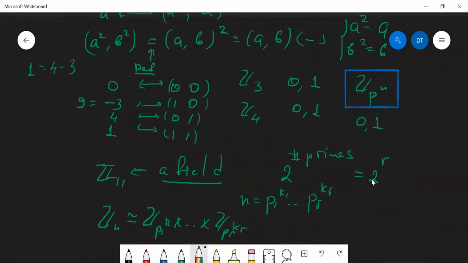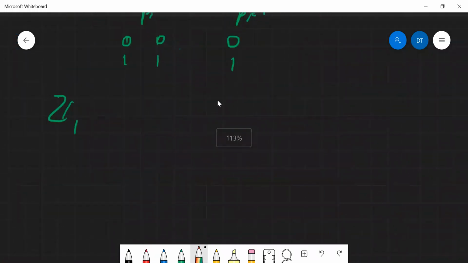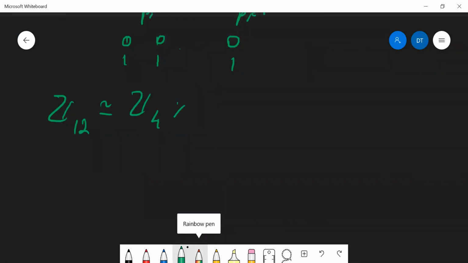So I will go here and I will rewrite the isomorphism again. So we have this times Z3. If we have an element A here, it goes to the pair (A mod 4, A mod 3).